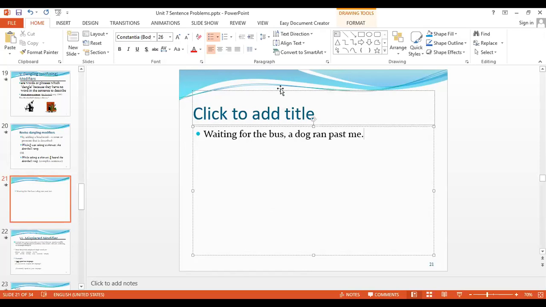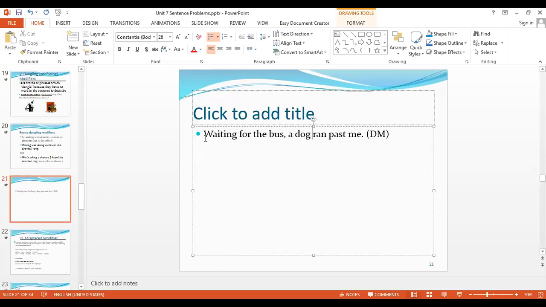Wrong, teacher. Yeah, what mistake is it? Dangling modifier. How do we know that it's dangling? Because this one starts a sentence, right? And we have a subject, but who is waiting for the bus?